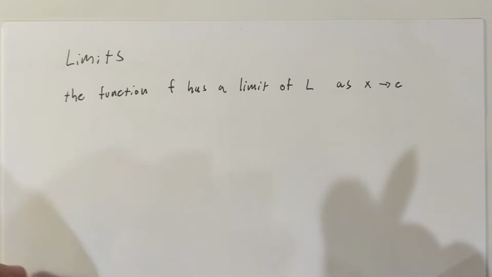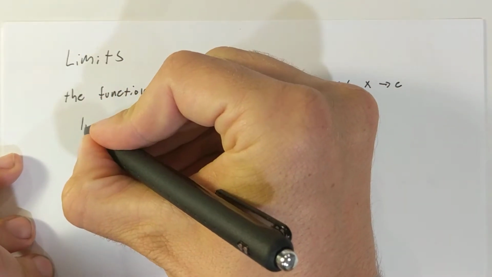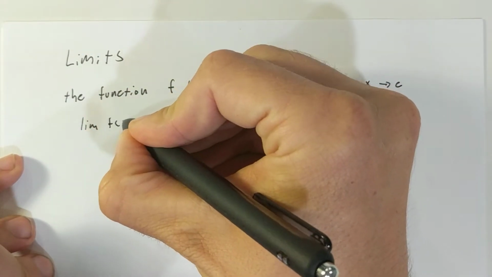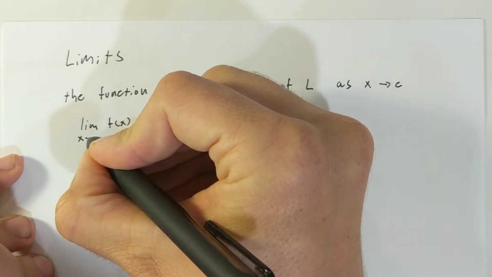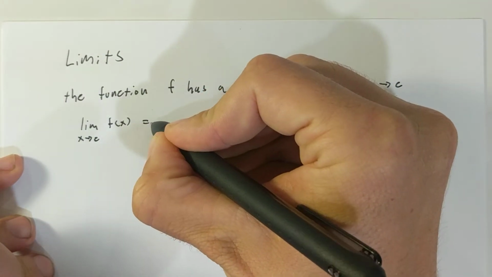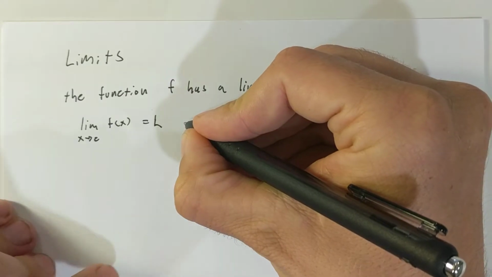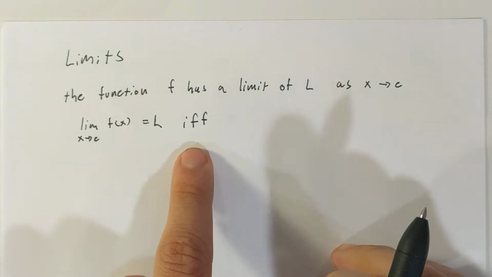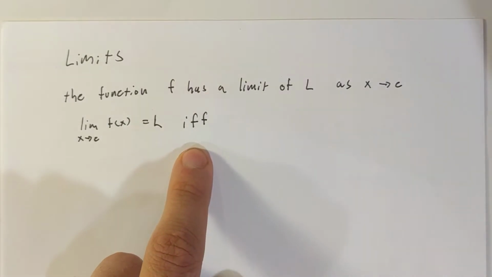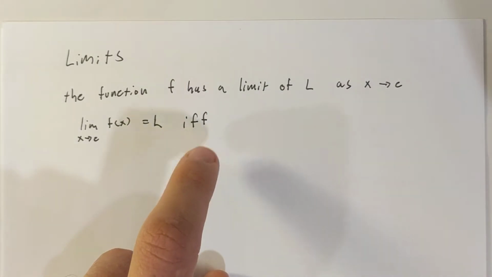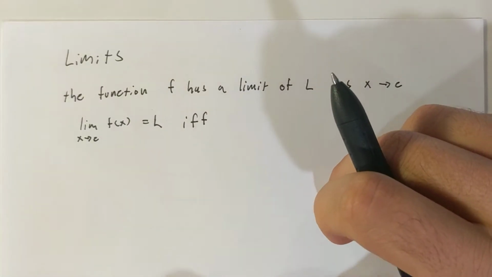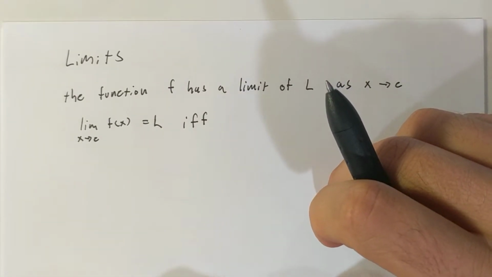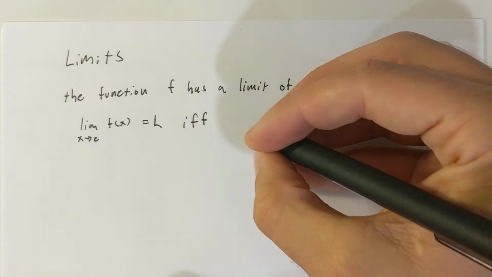In other words, the limit of f of x as x approaches c equals L if and only if. IFF stands for if and only if.